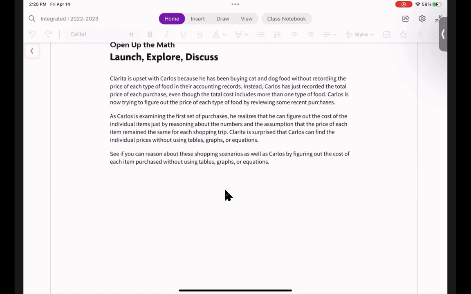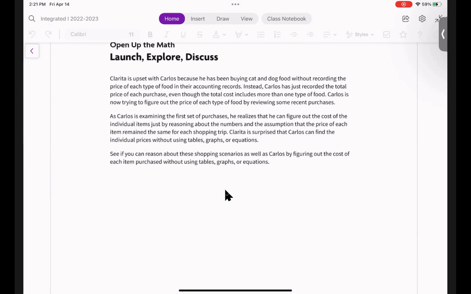Instead, Carlos just recorded the total price of each purchase, even though the total cost includes more than one type of food. Carlos is now trying to figure out the price of each type of food by reviewing some recent purchases. As Carlos is examining the first set of purchases, he realized that he can figure out the cost of the individual item just by reasoning about the numbers and the assumption that the price of each item remained the same for each shopping trip.